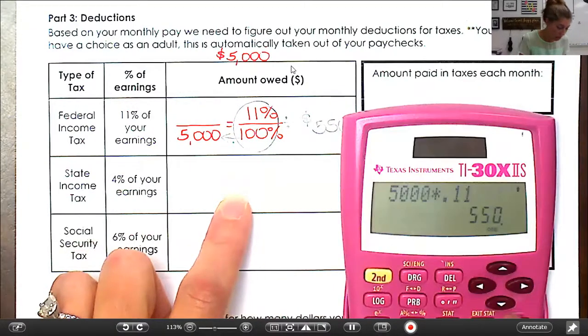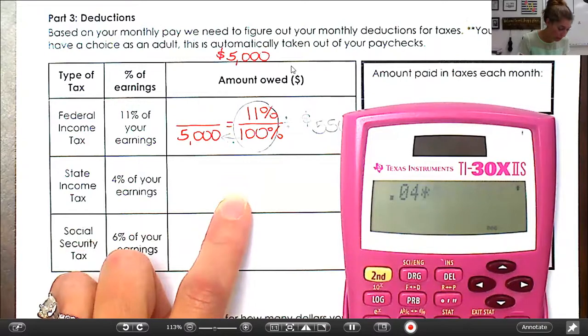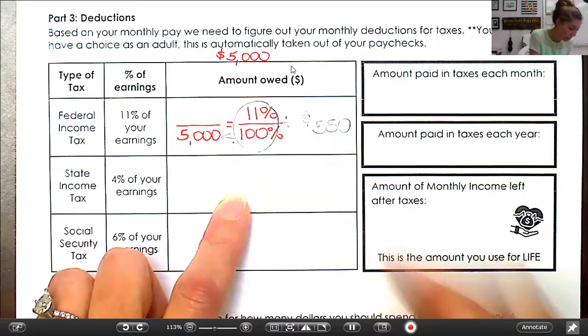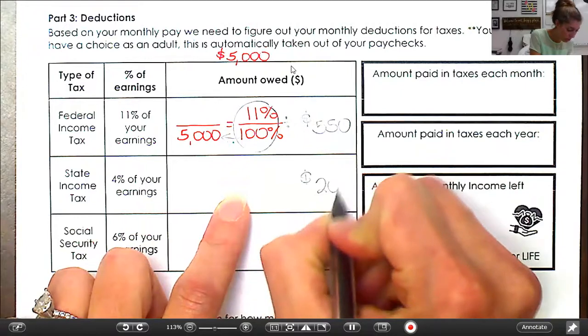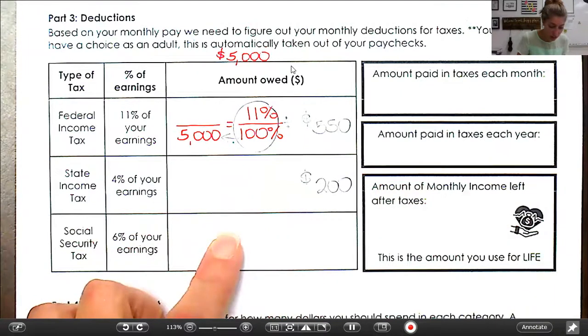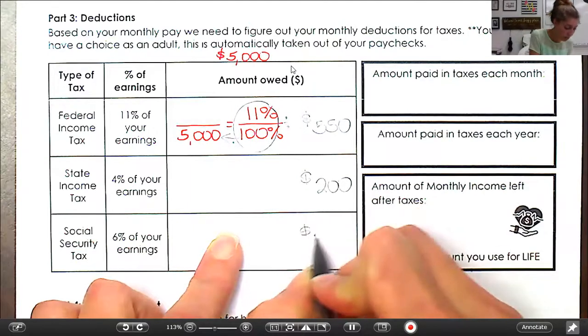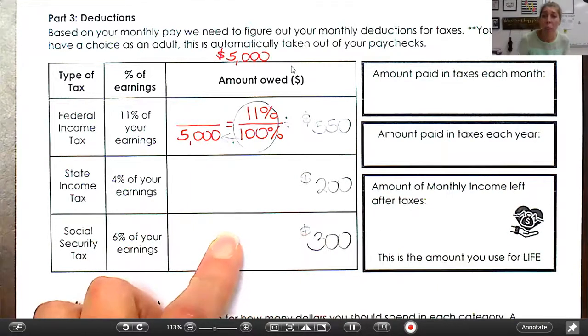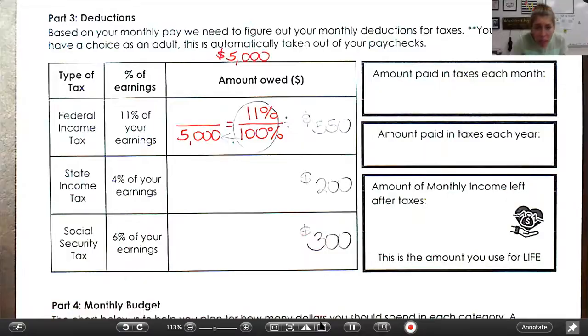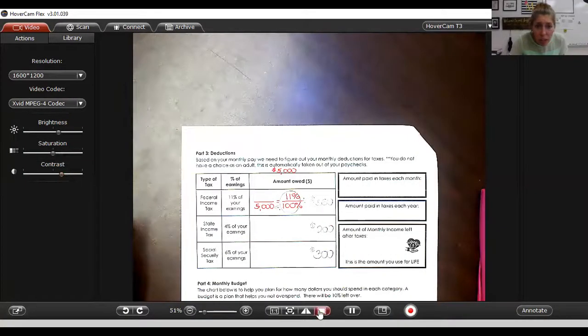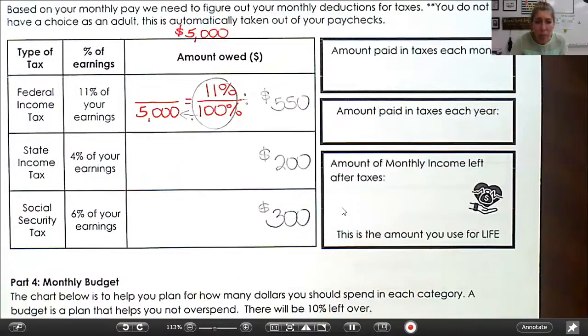I'm going to do the same thing with 4%, $200. And then 6%, $300. So what we do now, sorry, let me tone down the brightness. Hard to read the pencil. Cool. Okay.